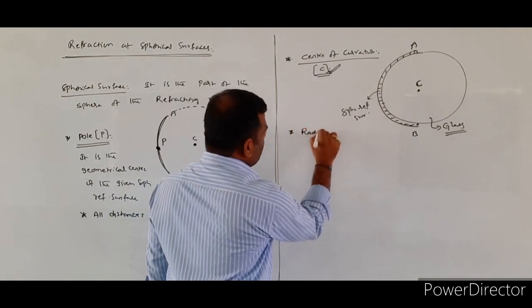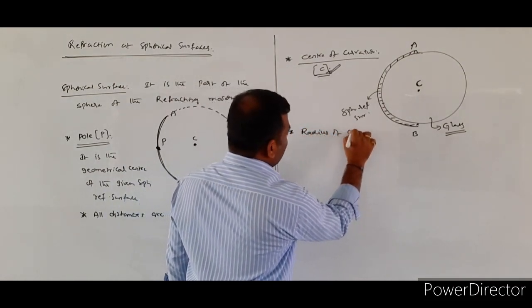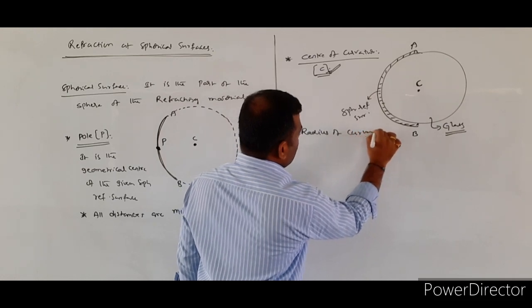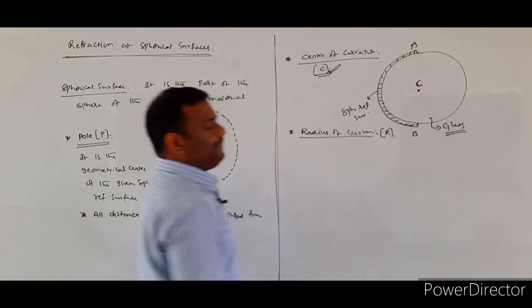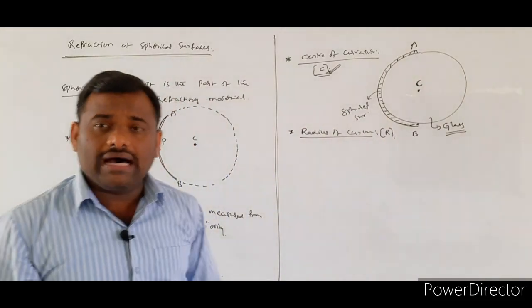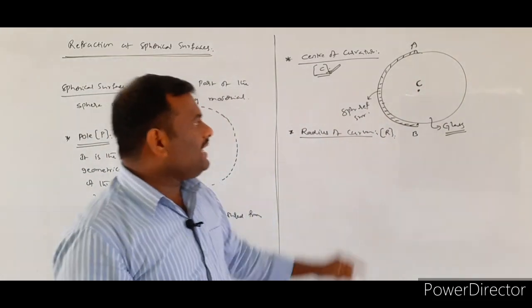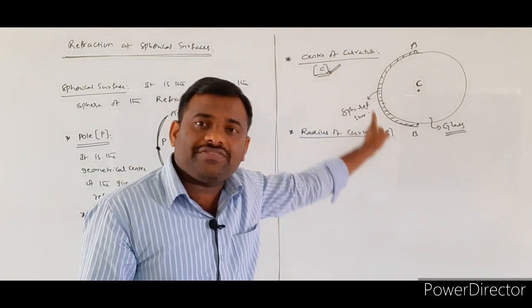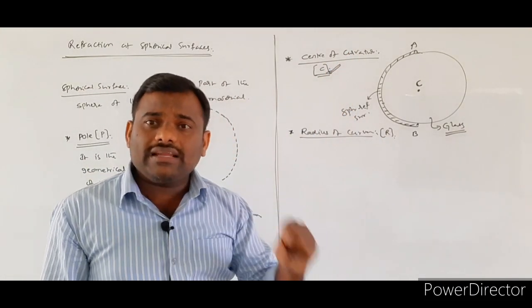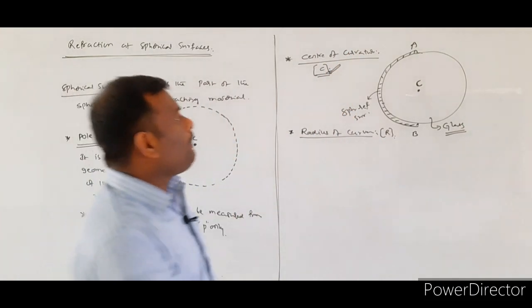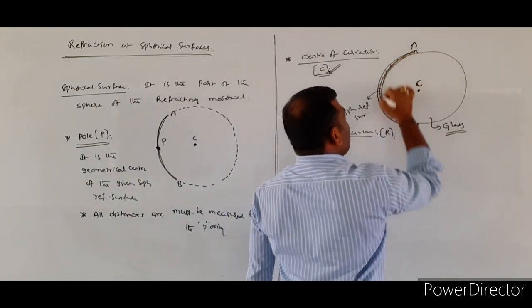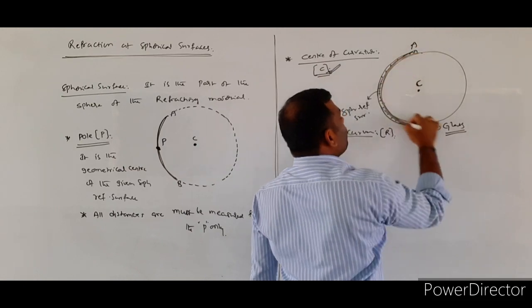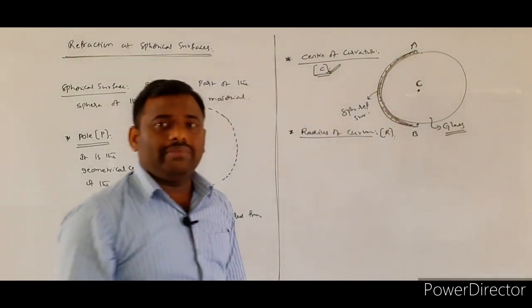The next definition is the radius of curvature. The radius of curvature is indicated with the symbol capital R. Already we considered that the spherical refracting surface is a portion of the sphere of refracting material.